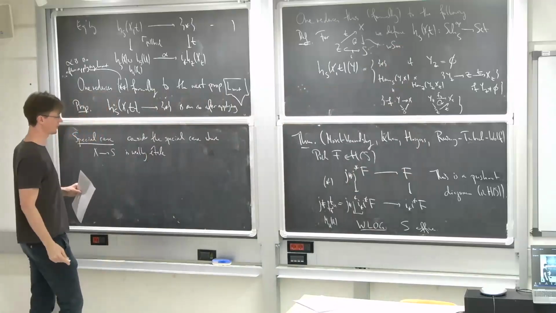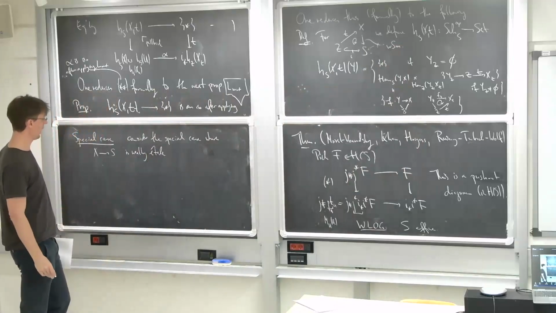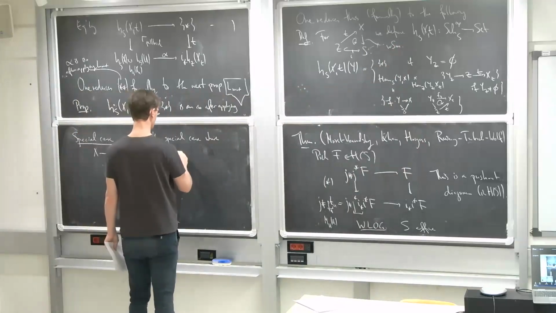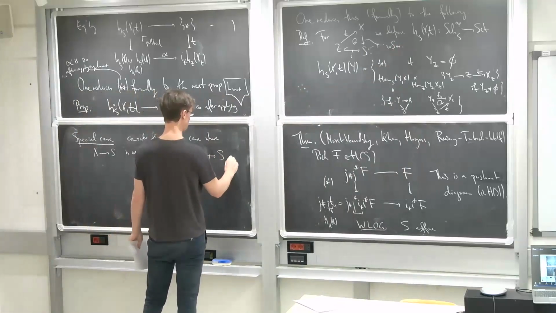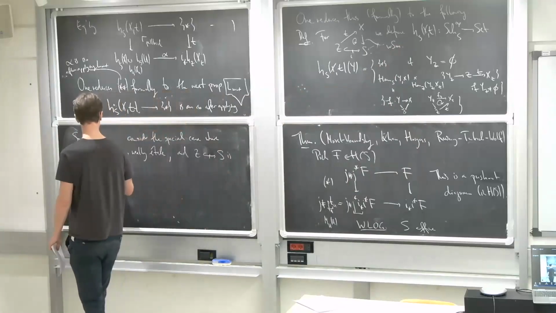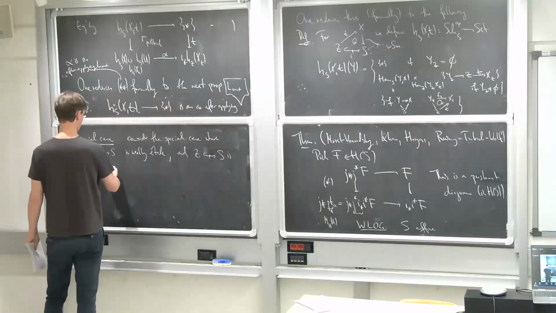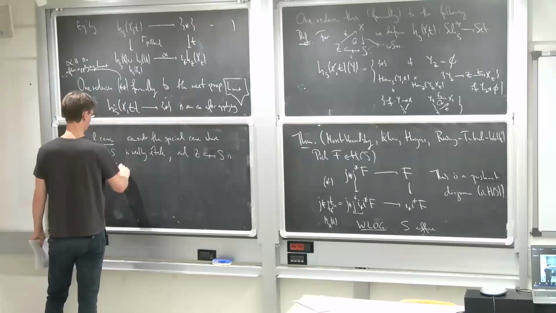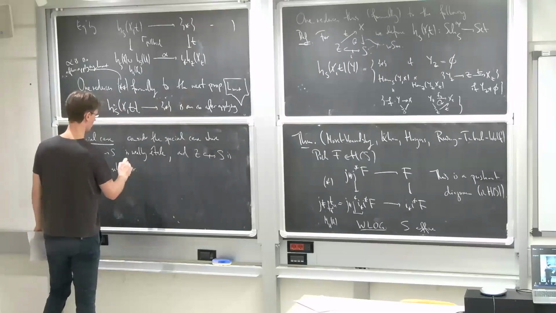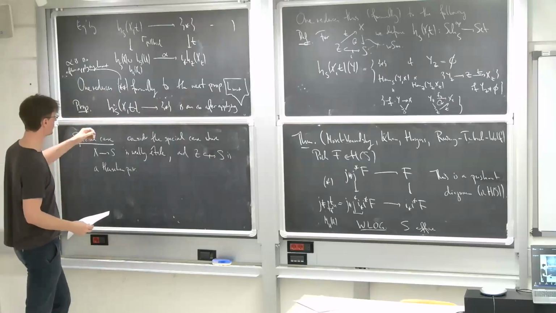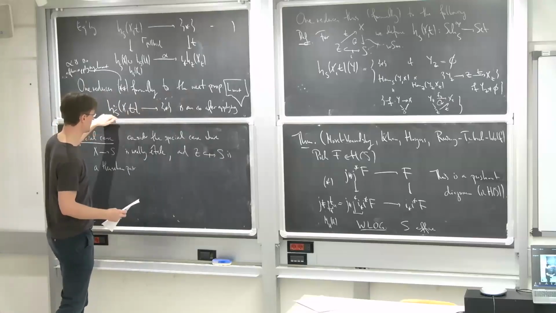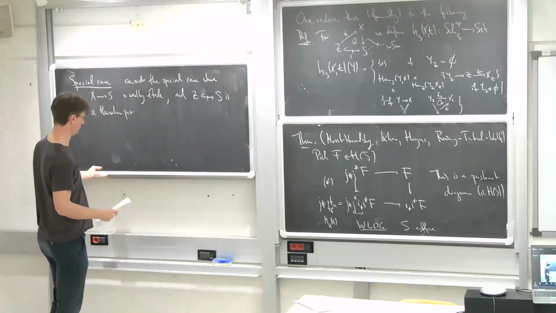That's certainly a case that we have to understand. And on top of this, I want to assume that this closed embedding between these affine schemes is a Henselian pair. Now let's try to get a feeling for what that means.